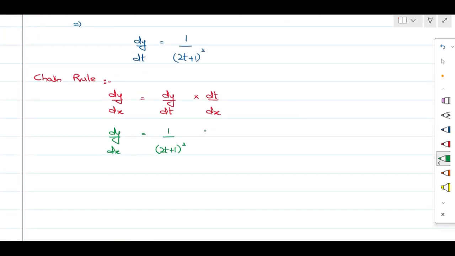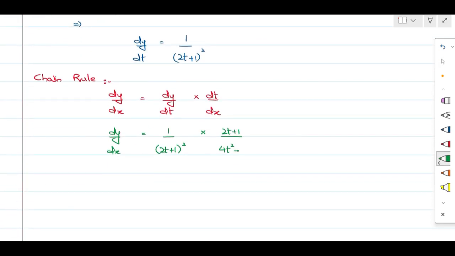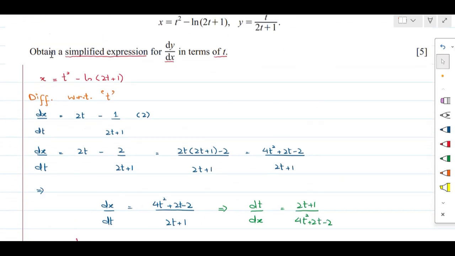Okay, let me write this down. Multiply (2t plus 1) divided by (4t squared plus 2t minus 2). The question is to figure out the simplified expression for dy over dx.